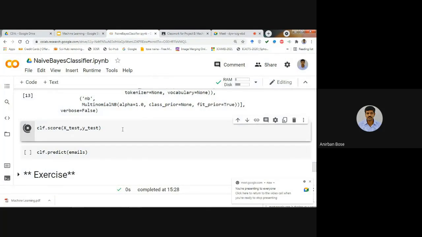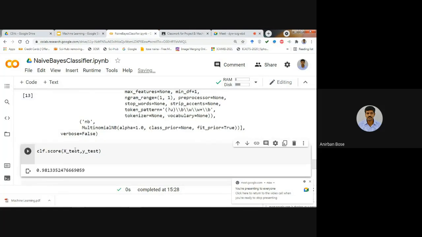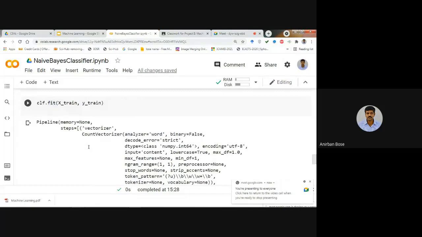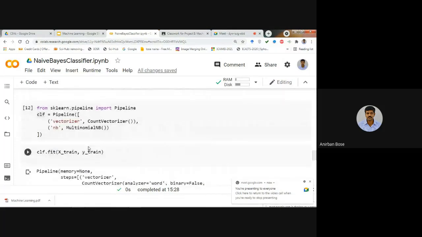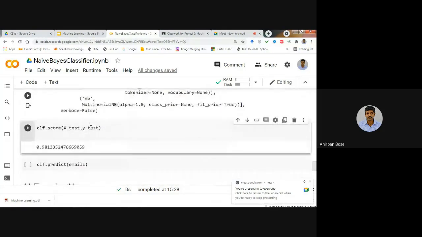If you execute that, you can see the score is coming around 98%. So within 2 lines of code using pipeline, you can solve the problem. Definitely before that, up to the train test split you have to do, and after that you can use the pipeline and very smoothly solve the problem.